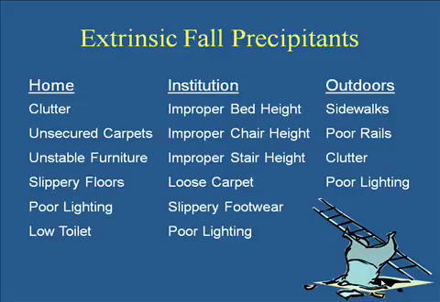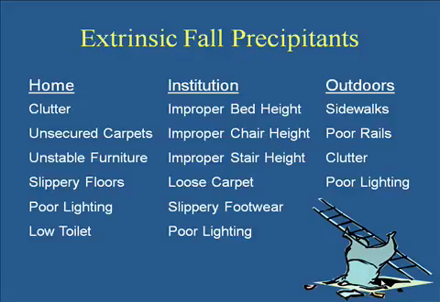So it's useful to be thinking about extrinsic fall precipitants or extrinsic factors or environmental factors that might affect one's ability to maneuver around a living space and could present a unique challenge to one's balance that would precipitate a fall. In the home, thinking about clutter, unsecured carpets and furniture, slippery floors, poor lighting. You'll see that this may play a role in our patient, low toilets.